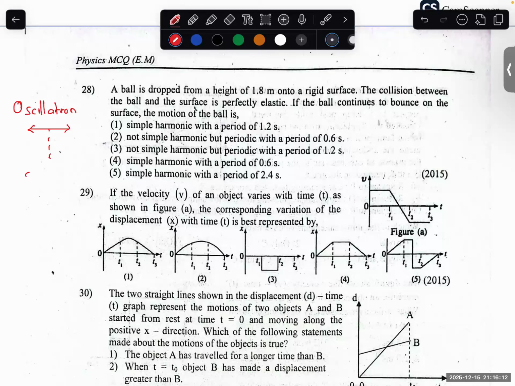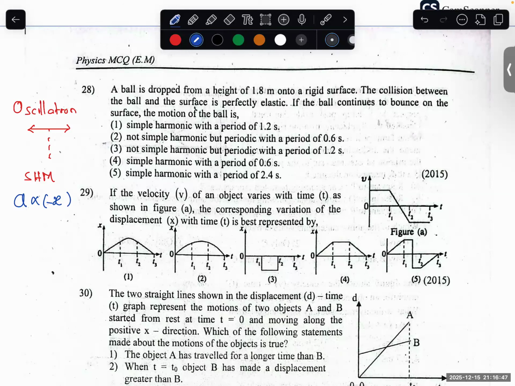Simple harmonic motion is a special kind of oscillation where, complete the sentence please. Simple harmonic motion is a special type of oscillation in which acceleration is directly proportional to the displacement and always towards the center of the oscillation.